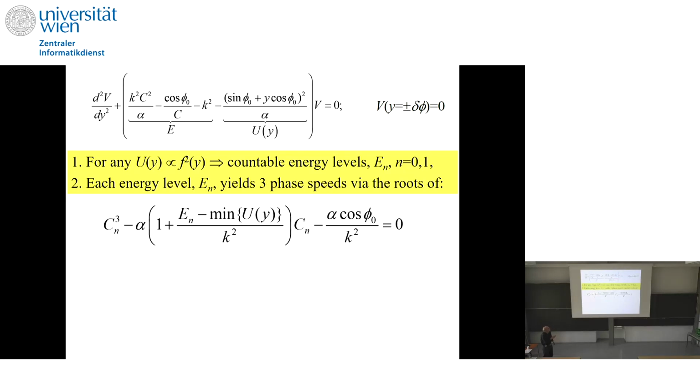And each one of these energy levels is associated by the cubic equation that you see here, the relationship between E and C, with three C's, three phase speeds, which is a reflection of the fact that our original system was three-dimensional in T. We had du/dt, dv/dt, and dA/dt, so we had three d/dt's. That's why now we have three C's, or three omegas, three frequencies. And E appears here. Actually, it's the excess of energy over the minimum of the potential, to be exact. Mathematically, I'll drop this. It's absolutely correct, but not important for our purposes.